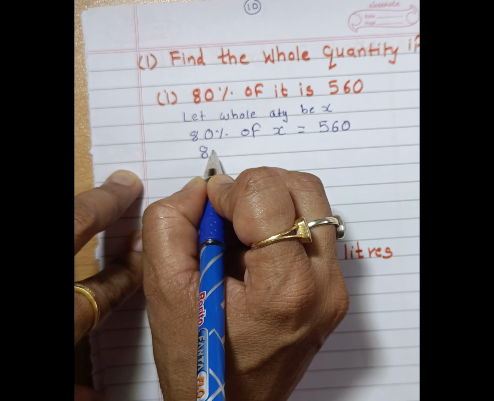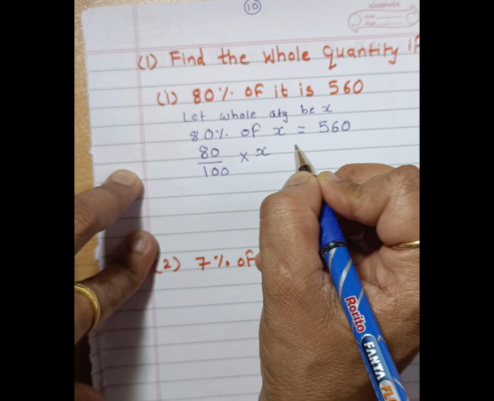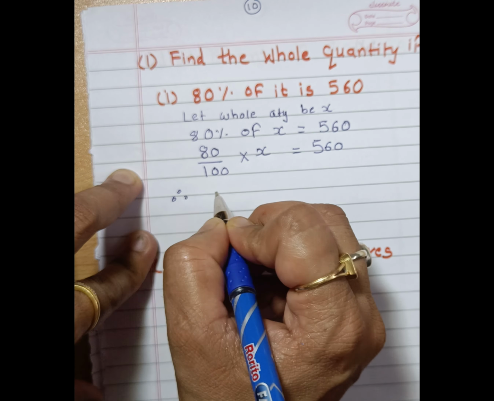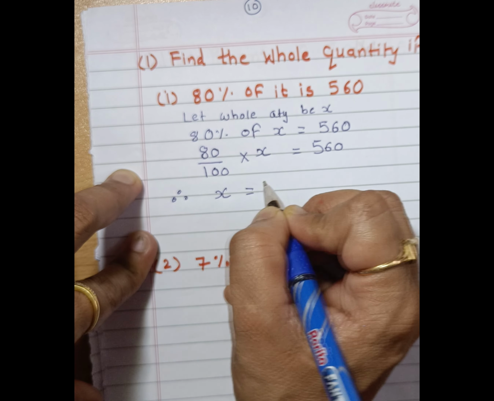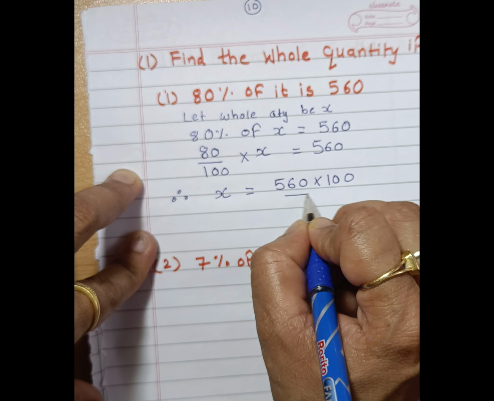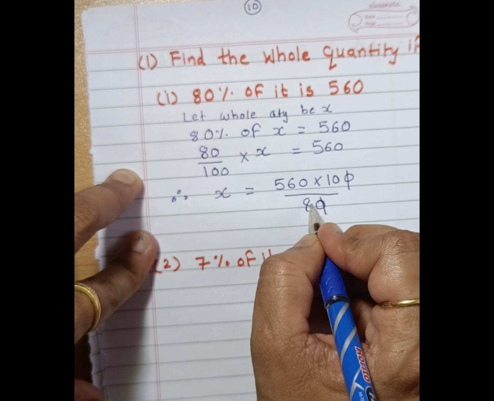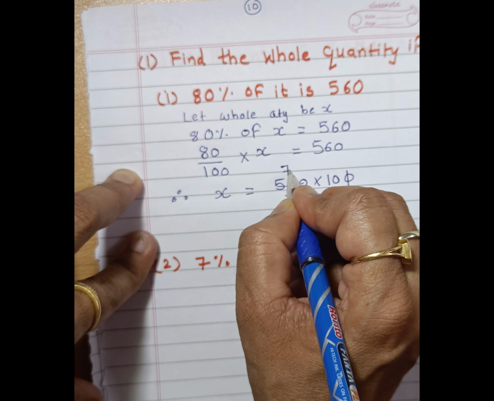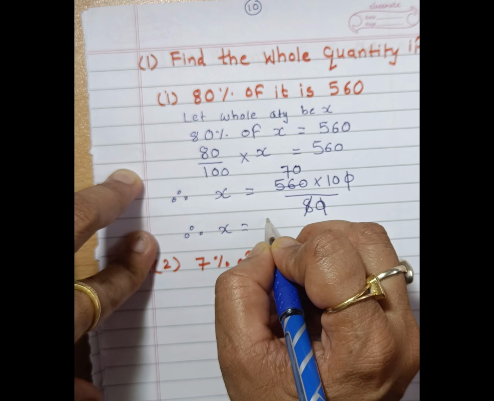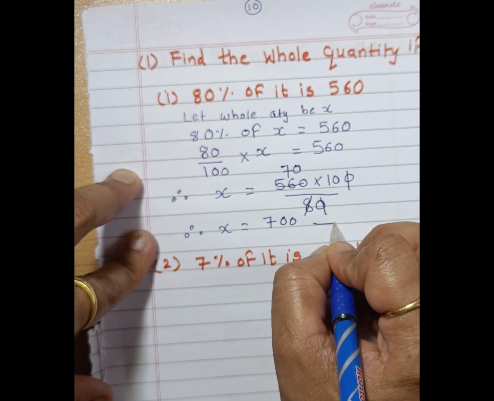Therefore 80 divided by 100 multiplied by x is equal to 560. Therefore x is equal to 560 multiplied by 100 divided by 80. Therefore, x is equal to 700. Hence, the whole quantity is 700, which is our answer.